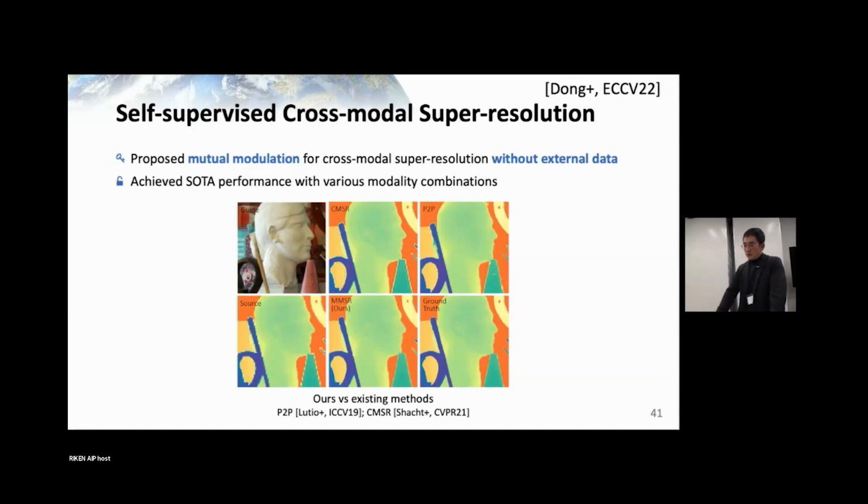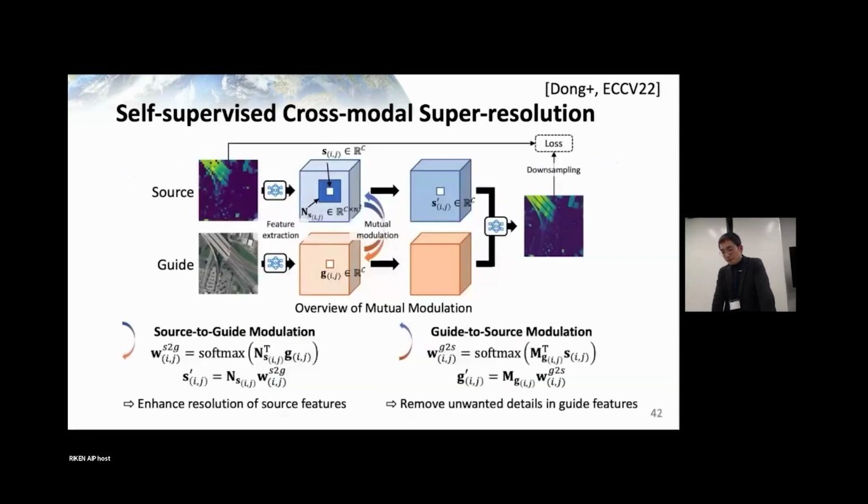How to achieve both is a bit of a challenge if we focus on an approach without using any external data. And what we proposed was a quite simple approach to plug in spatial filtering in the middle of the feature extraction, which is named mutual modulation.